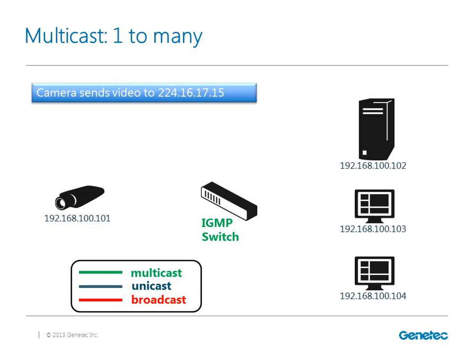Lastly, multicast transmissions reflect a one-to-many relationship while avoiding a broadcast scenario. And to achieve a multicast transmission, once again, the critical factor is the destination IP address included in each one of the individual video packets. So this time, the camera can send video to a special IP address, a Class D address, 224.16.17.15.